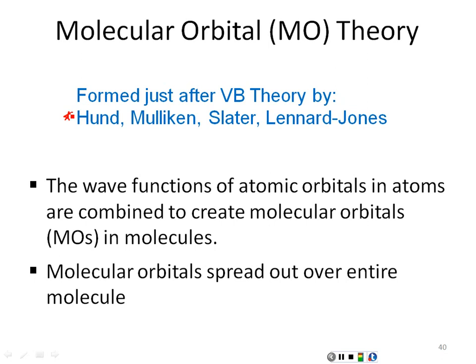What molecular orbital theory is, is that atomic orbital wave functions are combined to create what are known as molecular orbitals. So you have atomic orbitals coming together to create molecular orbitals.